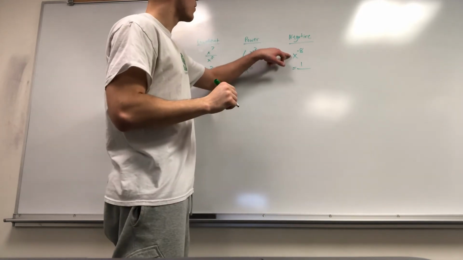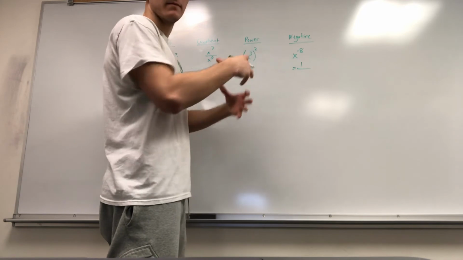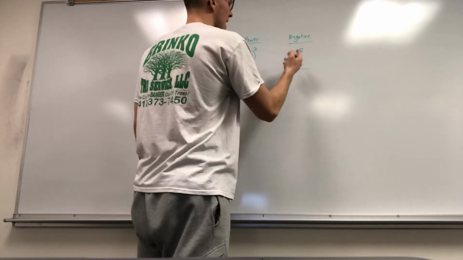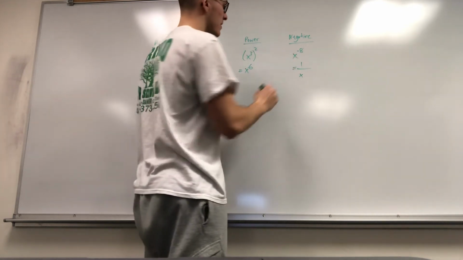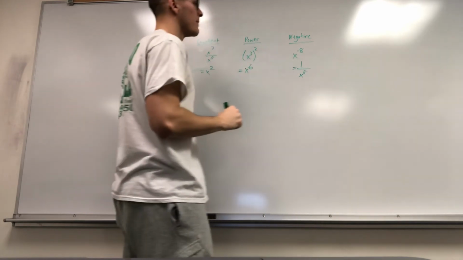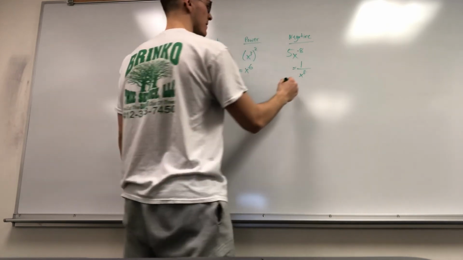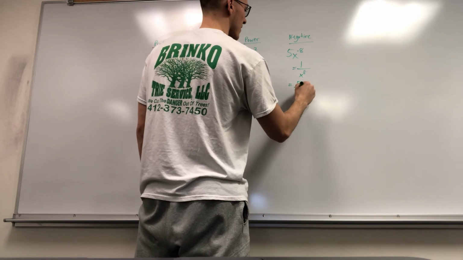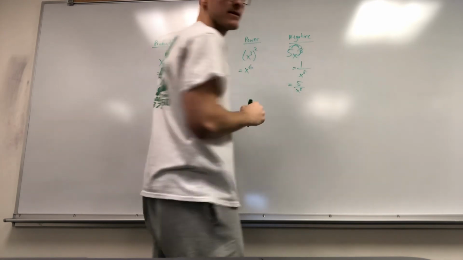You put this whole thing, everything that the negative 8 is being distributed to, so in this case, it's just x. I move the x to the negative 8 down to the denominator, and it turns into a positive 8. And then I just need a 1 up top. If this was, say, 5 x to the negative 8th, then I would have 5 over x to the 8th, because this doesn't affect the 5, it just affects the x.